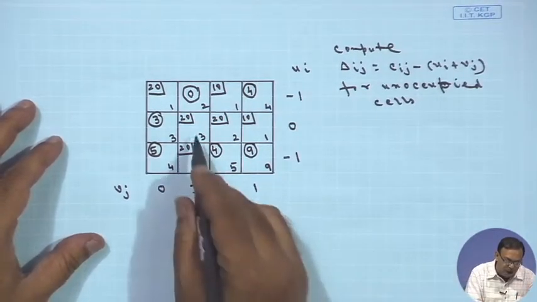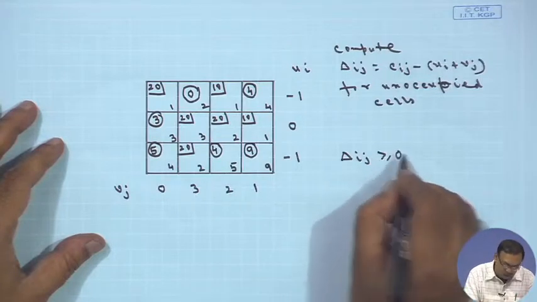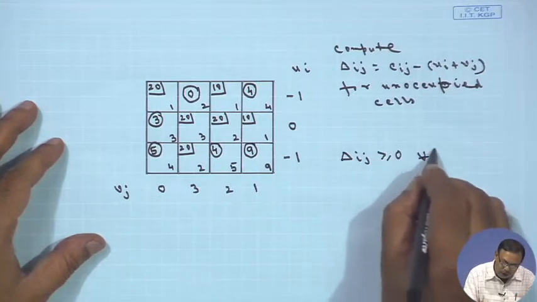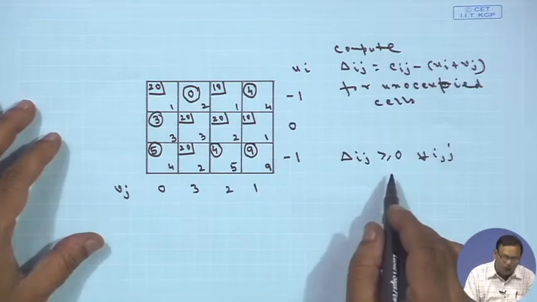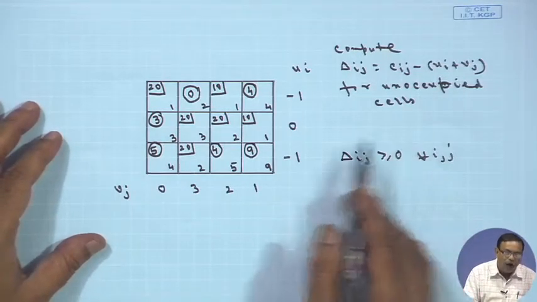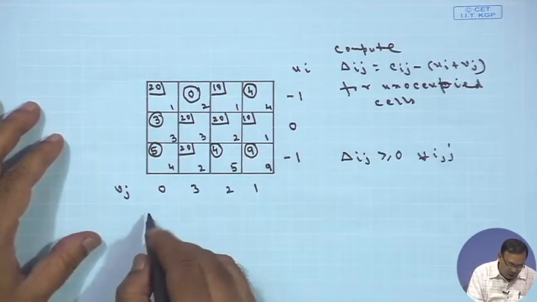If you see here, all delta ij are greater than or equal to 0 for all i, j. Since all delta ij are greater than or equal to 0, the initial solution whatever you have made here is optimum.